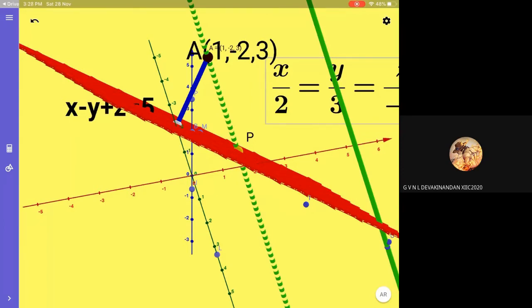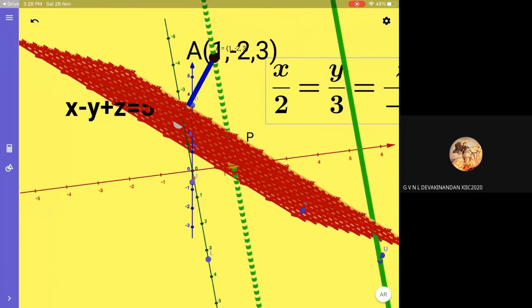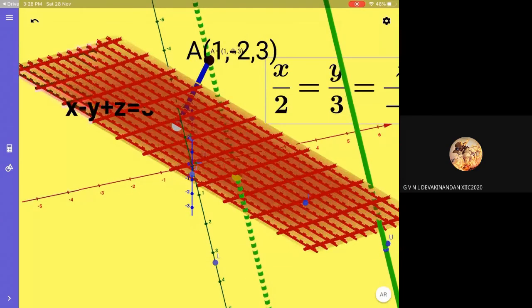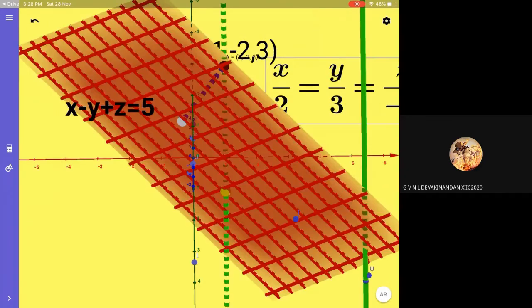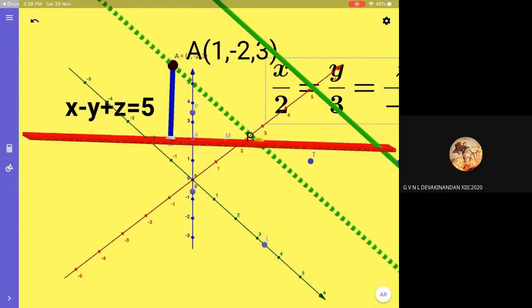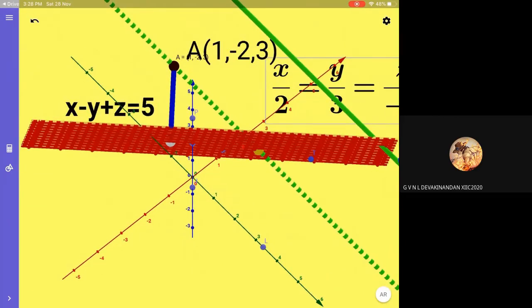So what we do is, we start with this dotted line, which is the line passing through A and parallel to the given line, because we have to find the distance measured parallel to the green line. So we find a line through A parallel to the green line, and find the equation of this line AP. Equation of AP you need to find, because without the line you cannot get any point on the line.